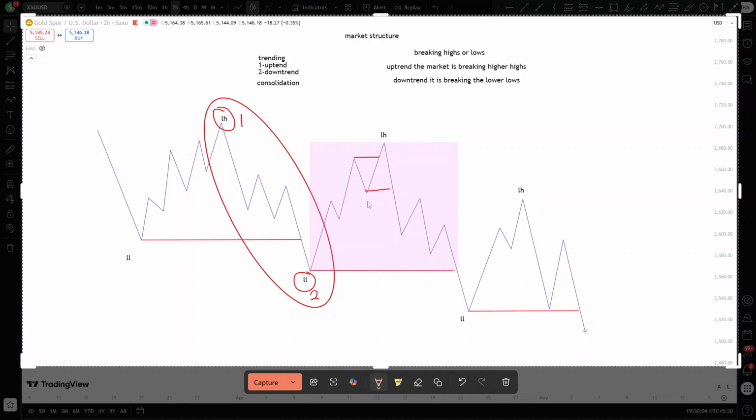So whatever activities are happening inside here, they are considered to be just the internal structure of this main structure. This is our external range. So even when we are talking about TP, we are going to be targeting this point. Why?